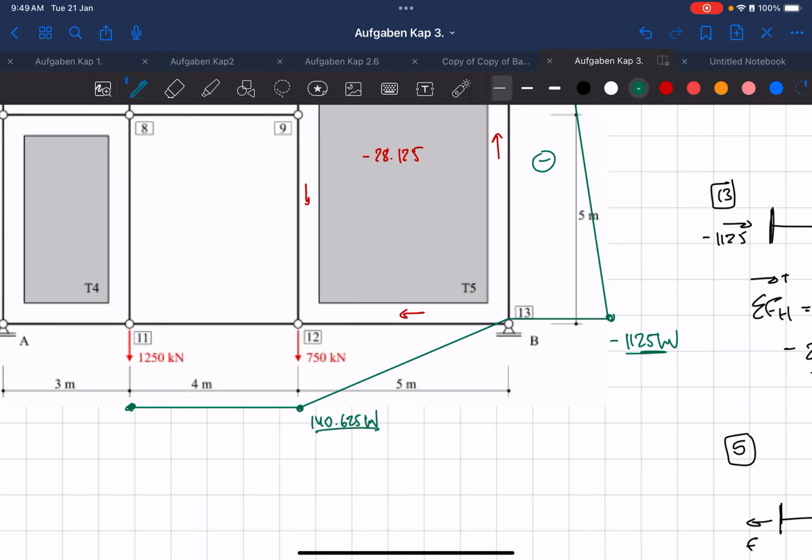Oh, I'll put it in this direction. Positive 750.